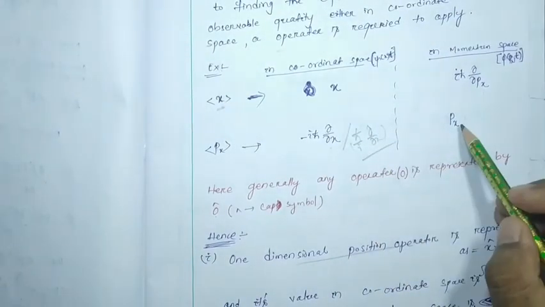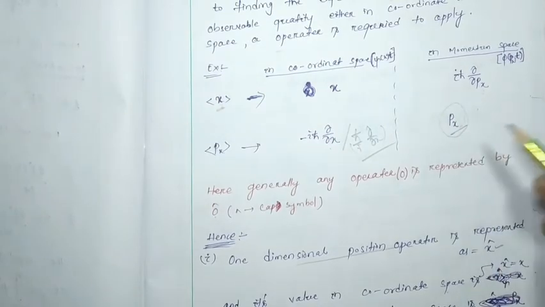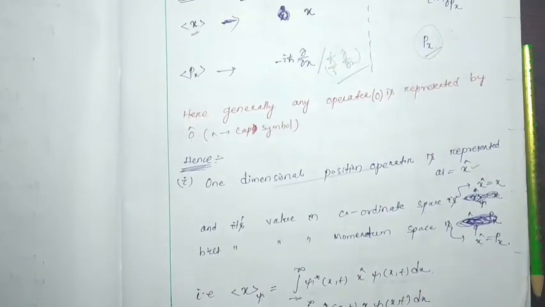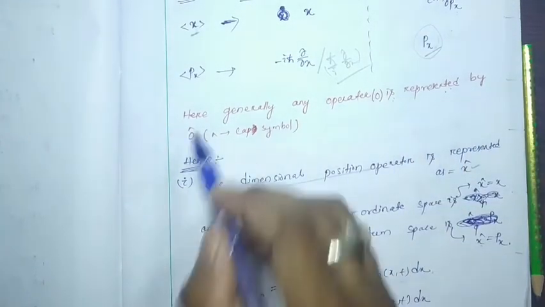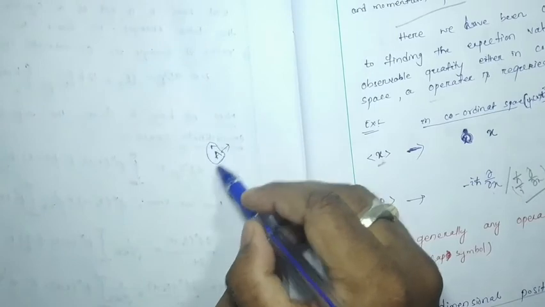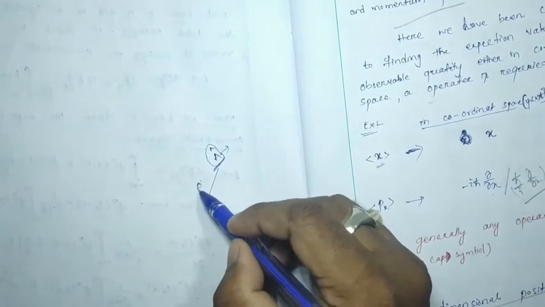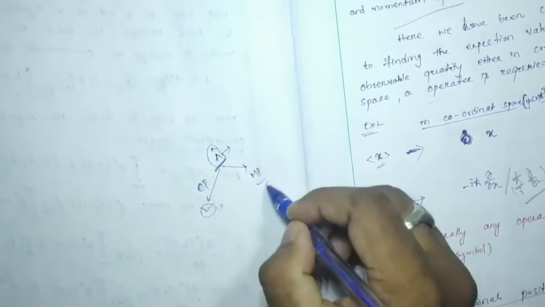In momentum space, we directly apply px, because phi is a function of px t. So in general any operator O can be represented by O cap, somewhere written as A cap, representing one operator. Its value in coordinate space and momentum space will be same or different.